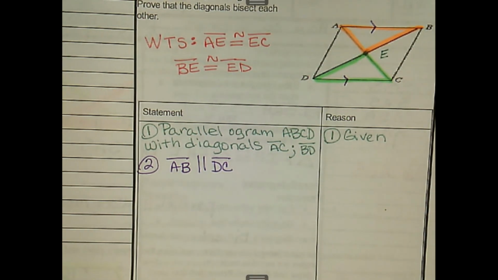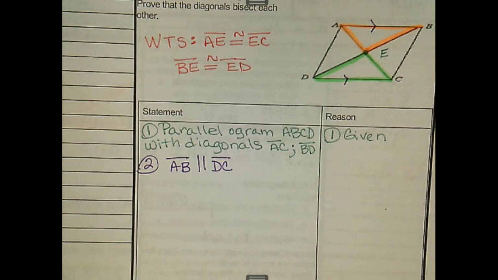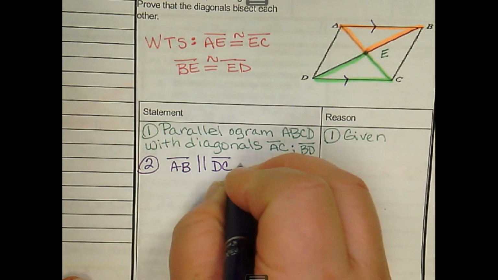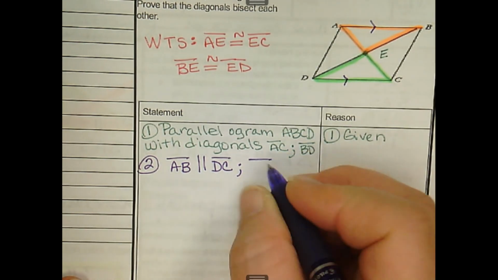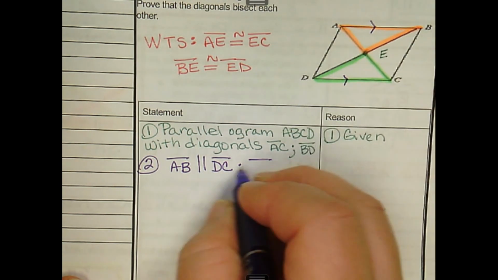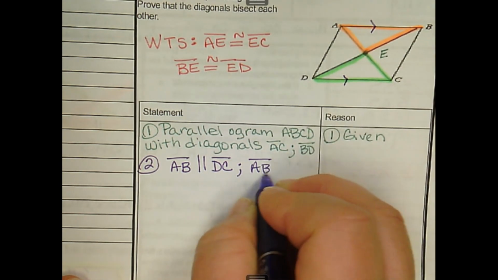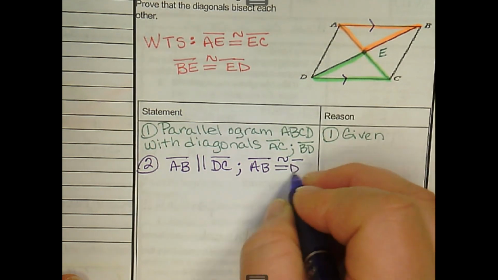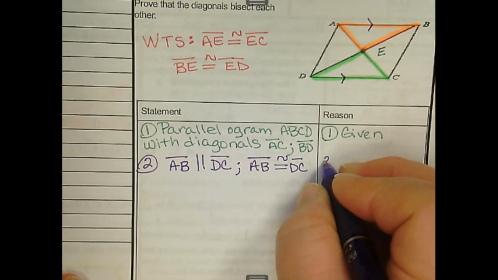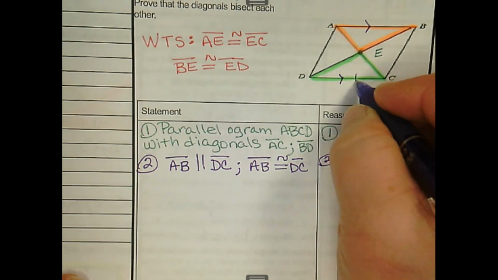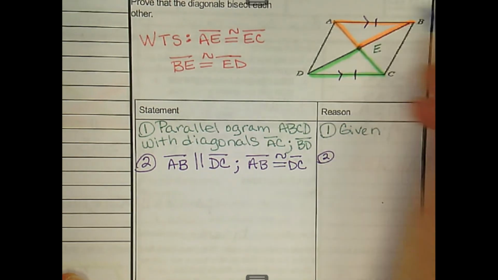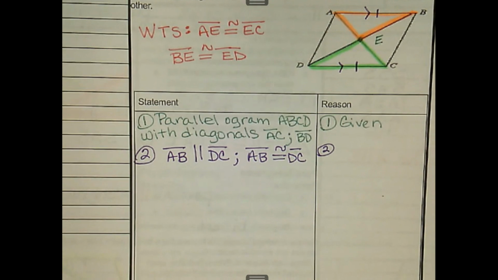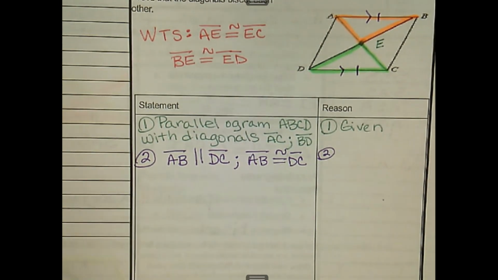We also know that they are congruent. So I can also say segment AB is congruent to segment BC. Those are opposite sides of a parallelogram.